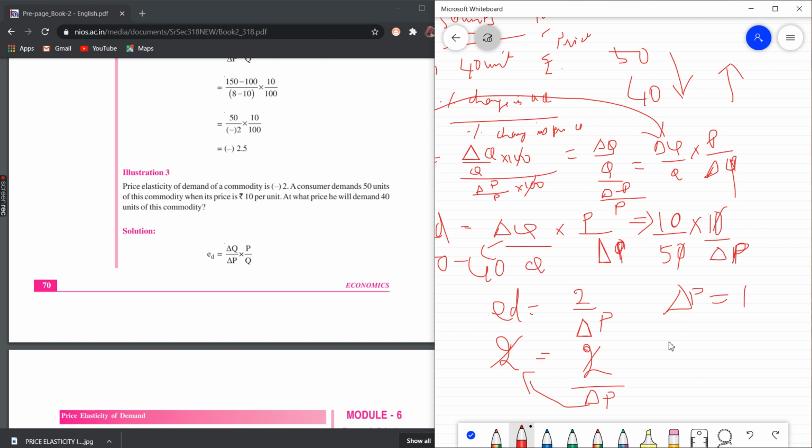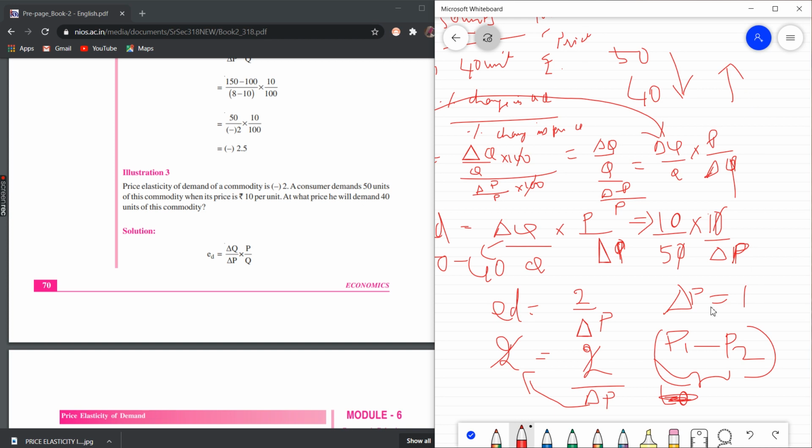So change in P will generally be P1 minus P2. Okay, so negative. As there is a decrease in the demand, which will definitely mean an increase in the prices.